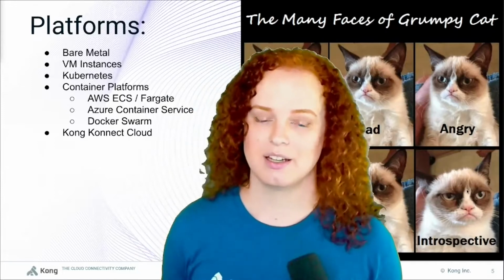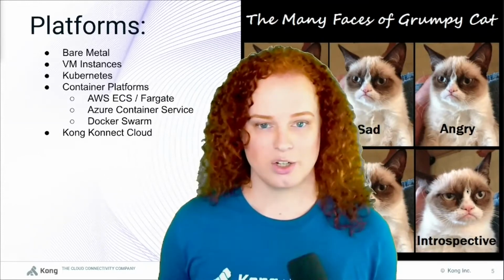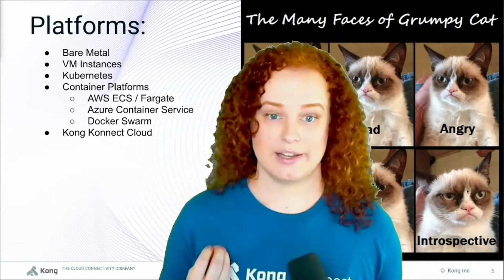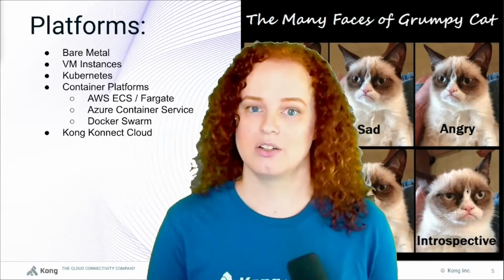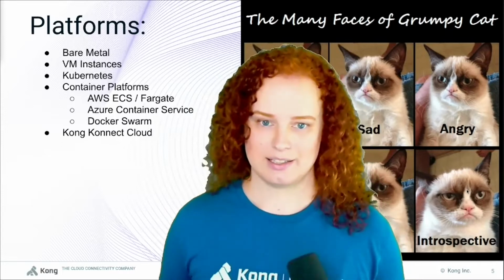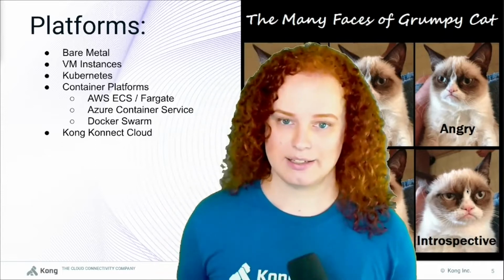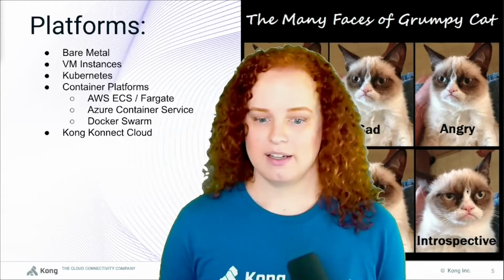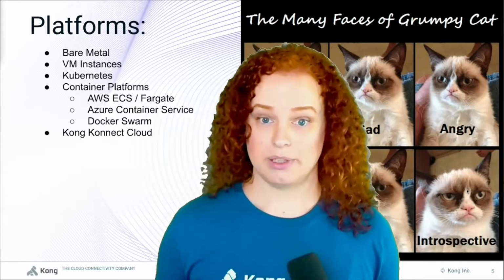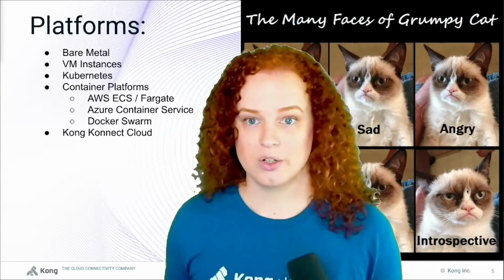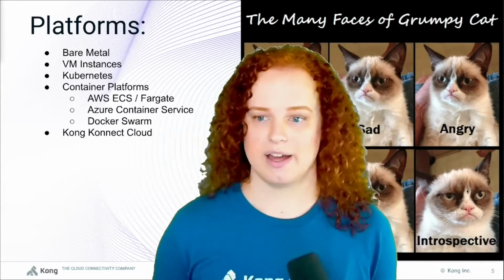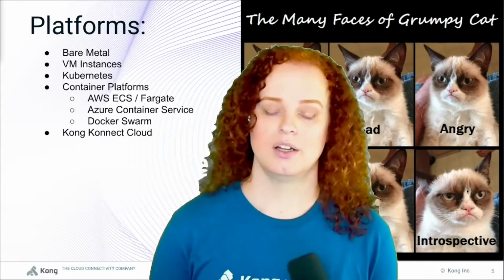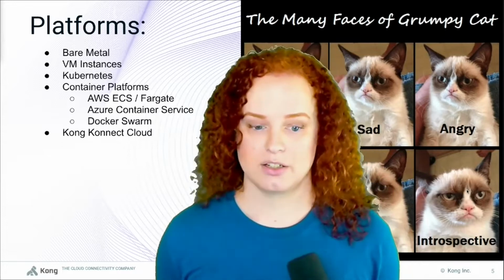That is the Kong hosted control plane where we maintain all of the liability for operating and running your control plane, maintaining the health of the state, that database that backs up your RBAC features. And then you run the data plane, which is the proxy component, on your own, in your own environments, whether that is on AWS or whether that is on other public clouds or in your own data centers.